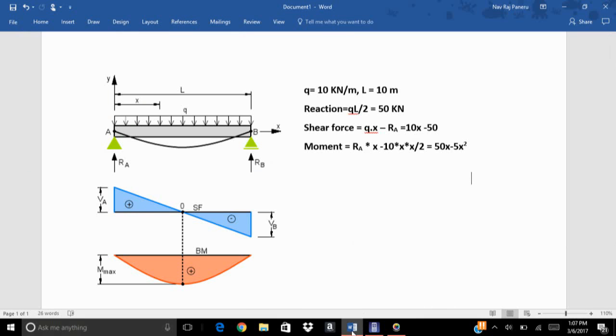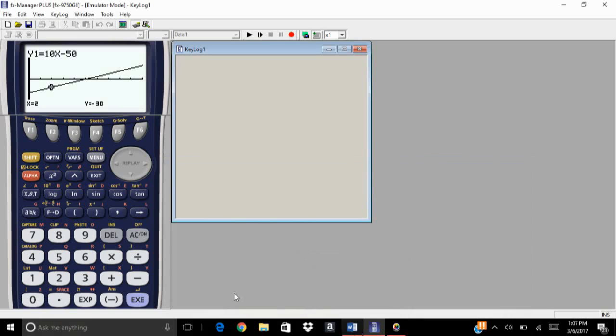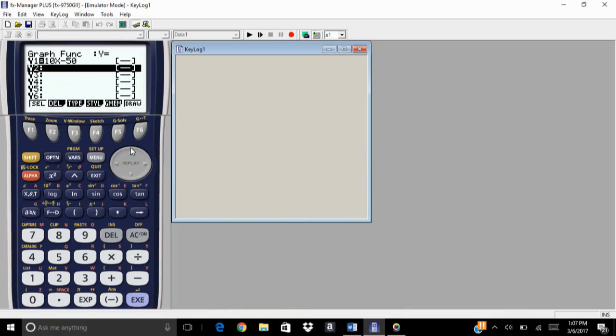Okay, so for the bending moment diagram we'll do the similar thing, and exit this and just delete this one, and the equation is 50x minus 5x squared.